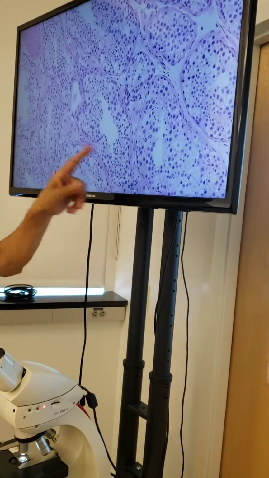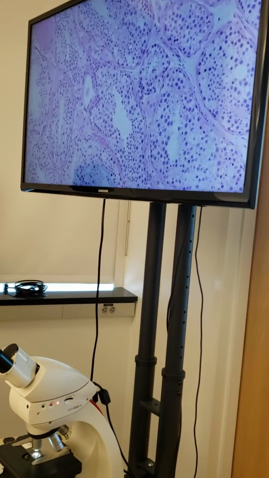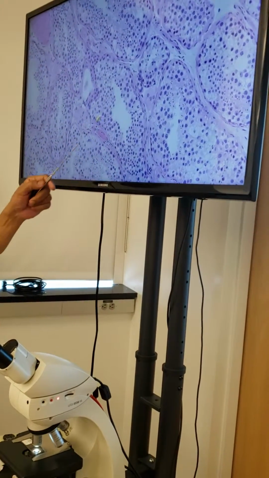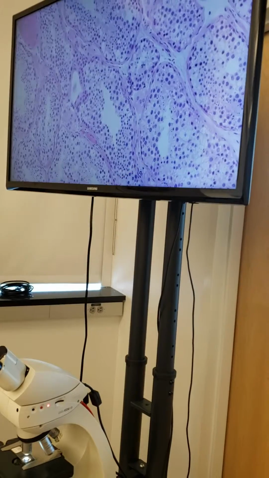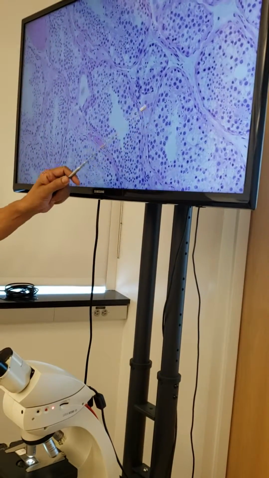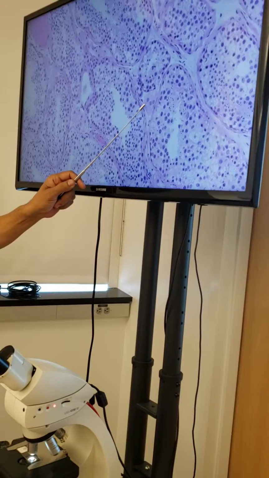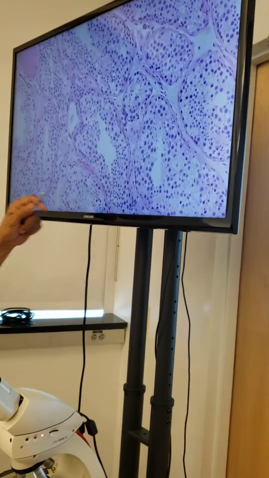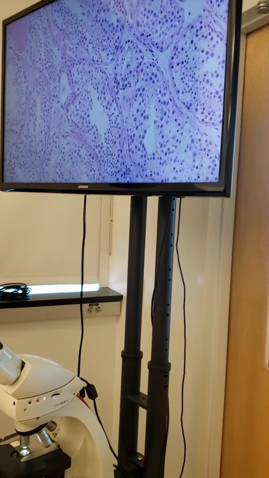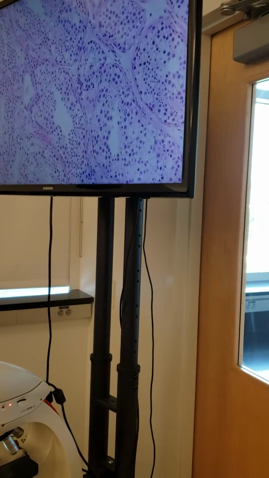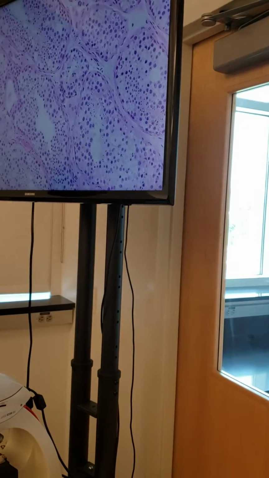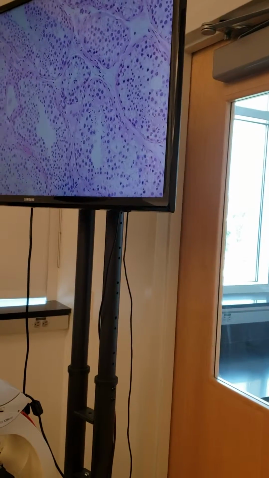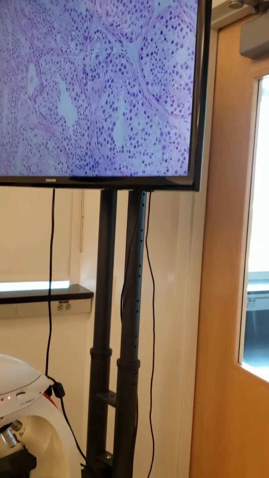Each one of this big area here, this seminiferous tubule makes sperm. It contains all these cells here to make sperm. Outside these tubules, do you see these cells here? Outside the tubules, in the interstitium, these cells are called interstitial cells or Leydig cells. The Leydig cells, what do they do? Leydig cells make testosterone.